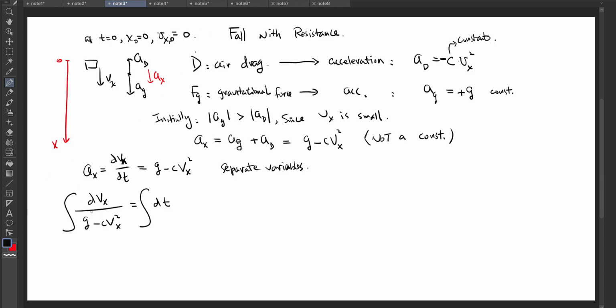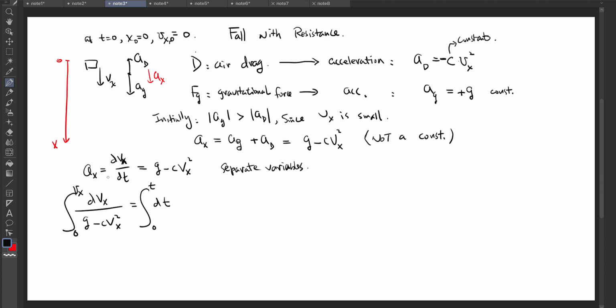Let's simplify our integral here. We have t equals 0 as the lower bound, and the lower bound for the velocity will also be 0. And then we need to integrate to time instant t, and that's the Vx.